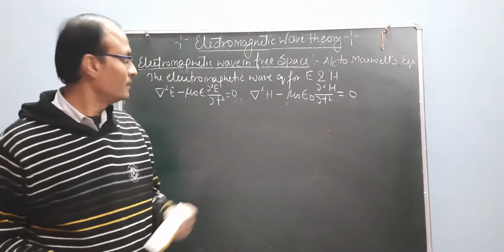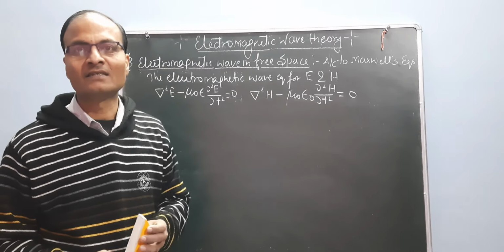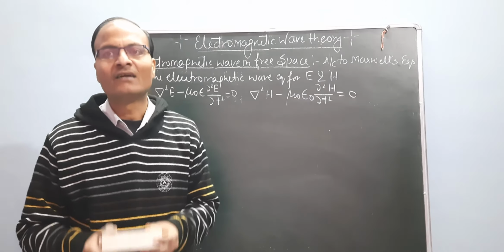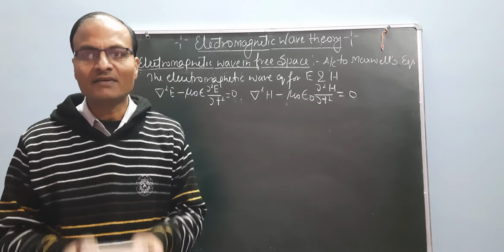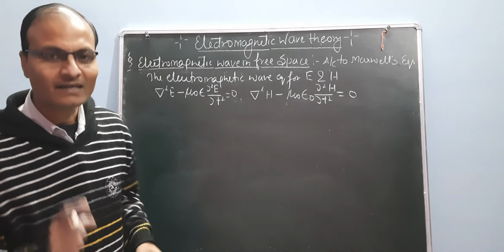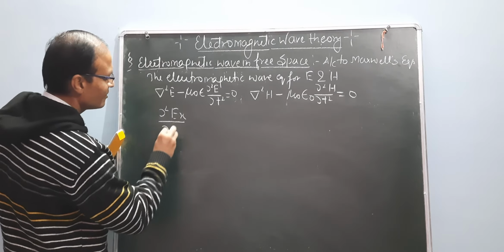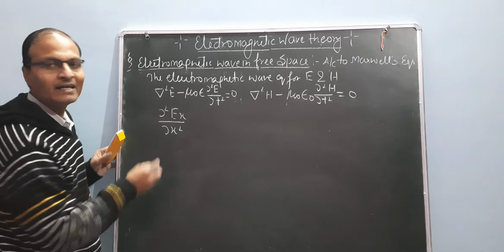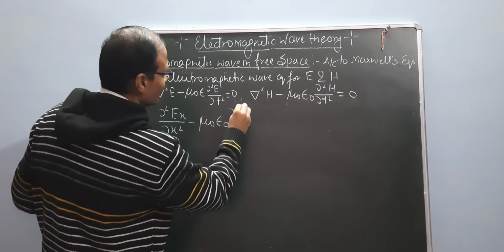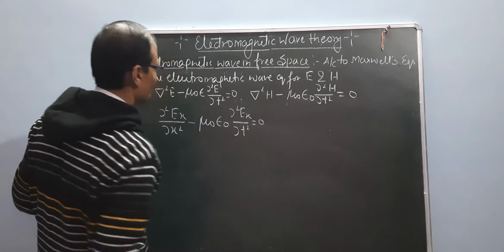Now, these are the general wave equations for the electric field and magnetic flux. In one dimension along the x-axis, the wave equation is given by the x component of this expression: del square Ex upon del x square minus mu naught epsilon naught del square Ex upon del T square equal to 0.